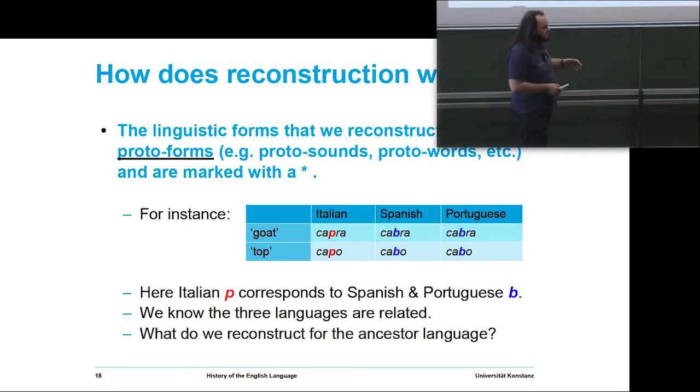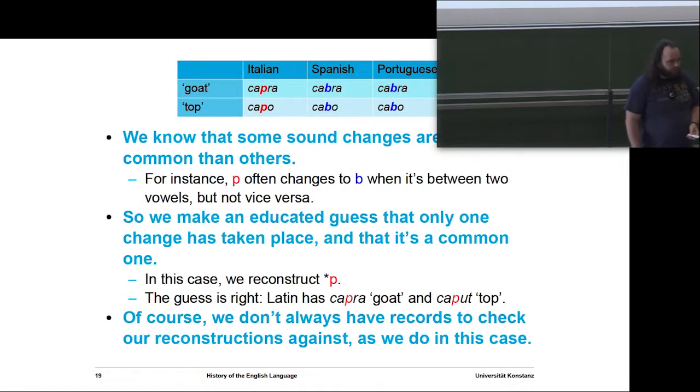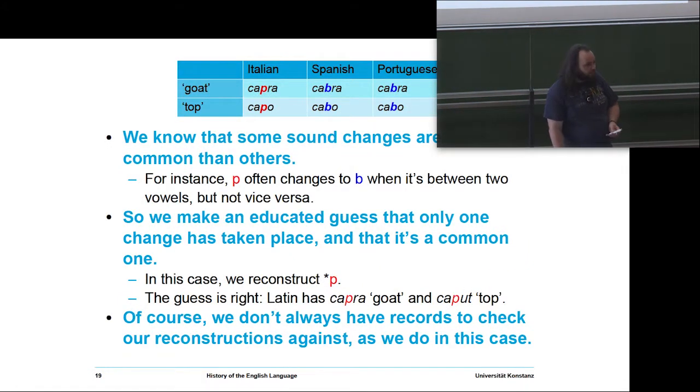For simplicity, let's assume that the language was as close as possible to its descendants, and so it must be either a p or a b. And then we want to know which one. That's the question that we're interested in now. What would the ancestor language have shown?